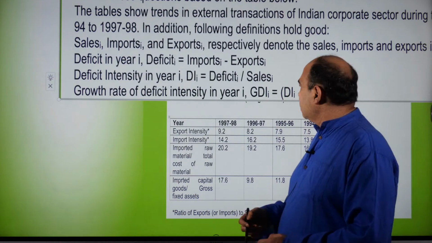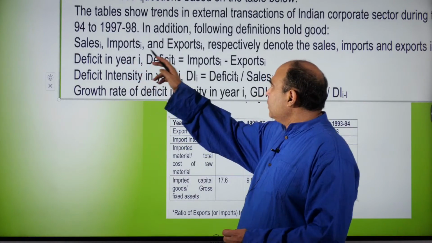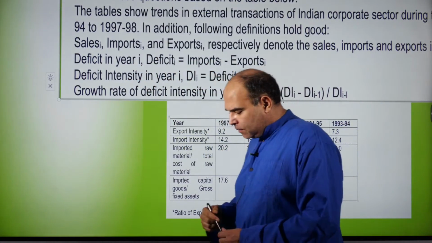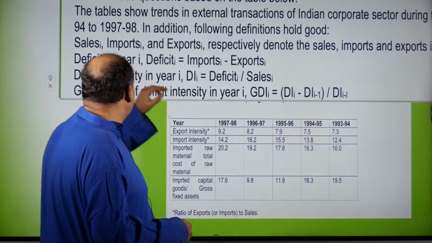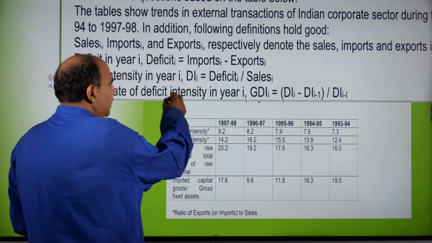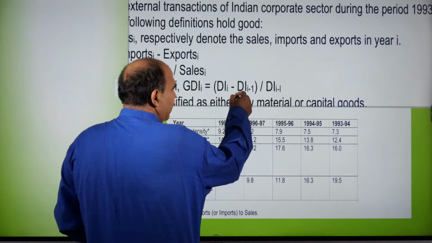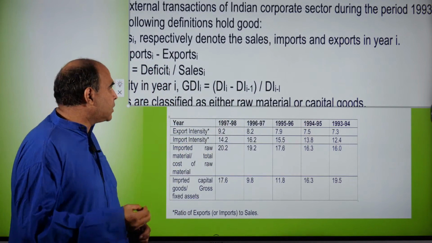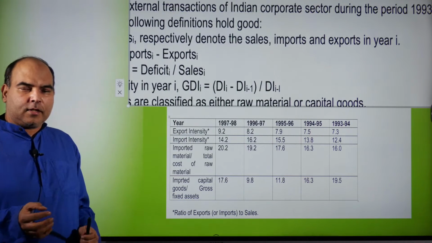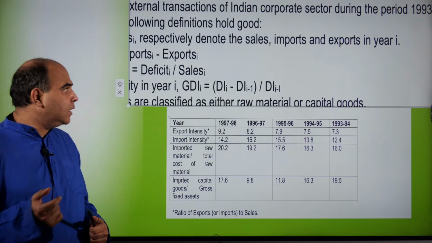What are the definitions? Sales I, imports I and exports I respectively denote sales, imports and exports in the year I.